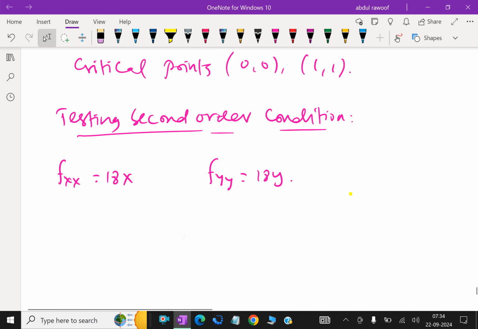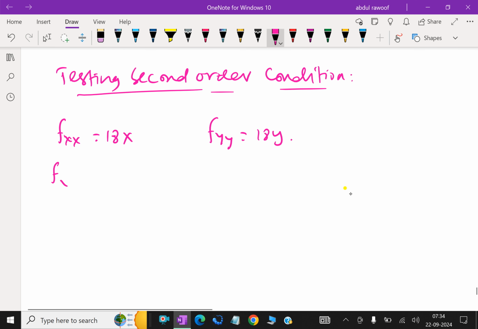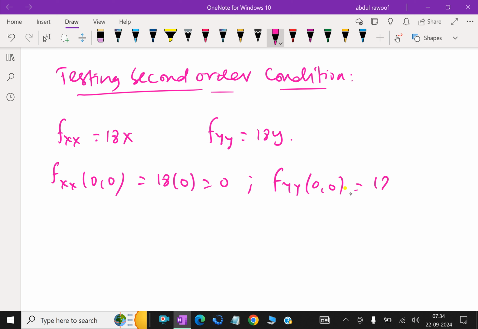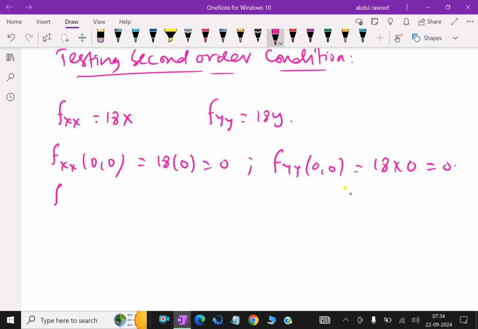Then substituting at the critical points, fxx at (0, 0) is 18 into 0, which is 0. Here fyy at (0, 0) is 18 into 0 equal to 0. Then fxx at the critical point (1, 1) is 18 into 1 equal to 18.